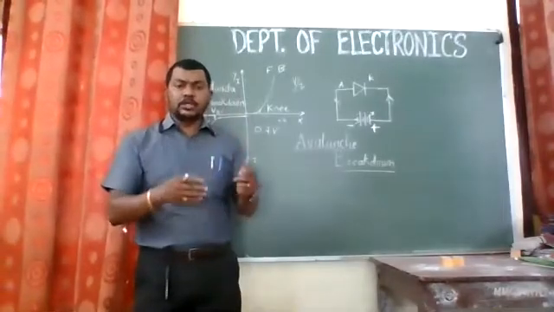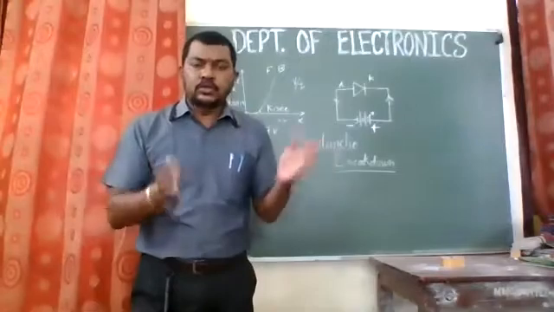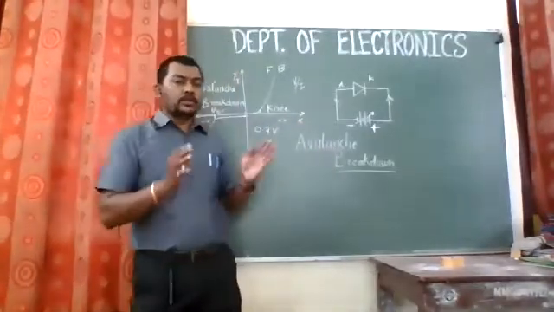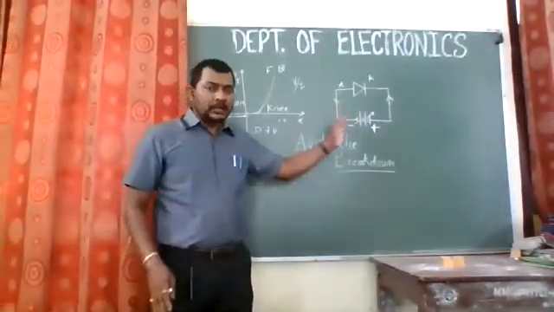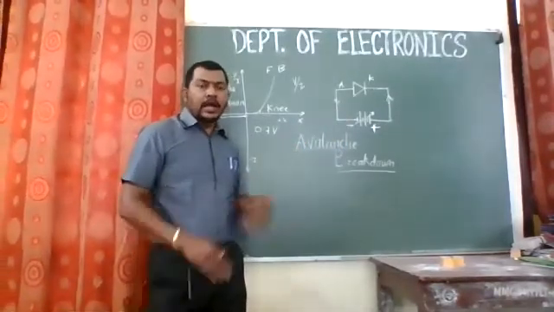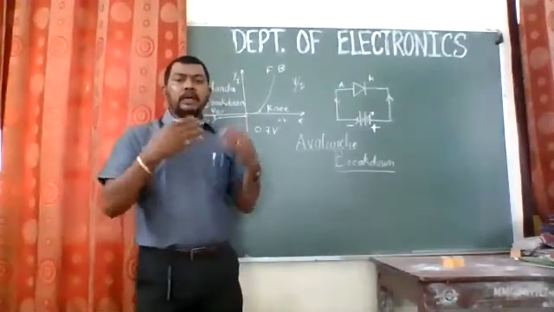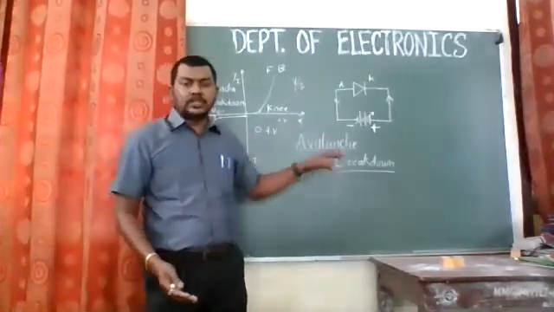And this type of multiplication, 1 to 2, 2 to 4, 4 to 8, 8 to 16, 16 to 32, this multiplication of electrons in the depletion layer in reverse bias condition is called avalanche multiplication, right? And in some time itself, there are many free electrons inside that depletion layer.